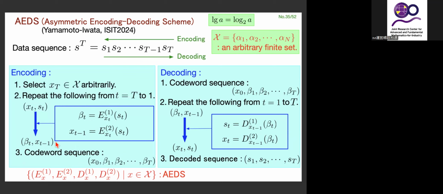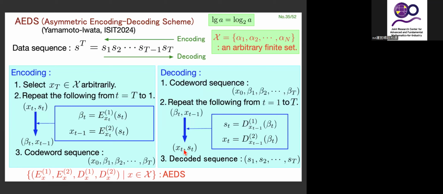And we also generalize this mapping by two functions, E1 and E2. E1 gives the code word beta t from source symbol st and internal state xt. And E2 gives the next state at the time t minus 1 from st and xt.